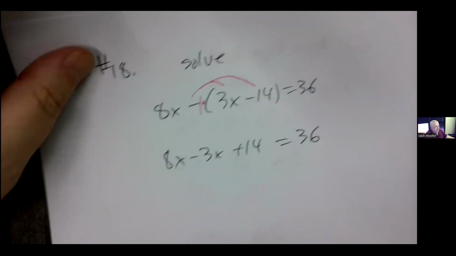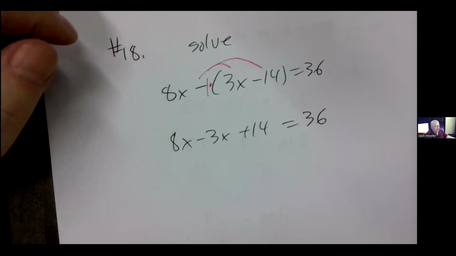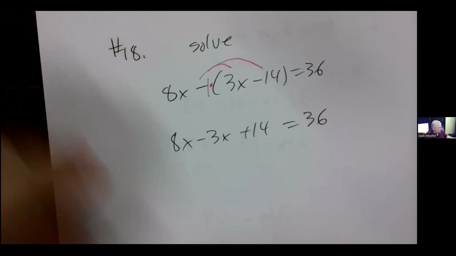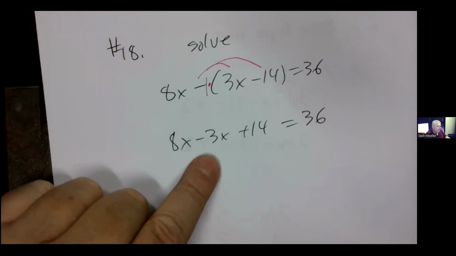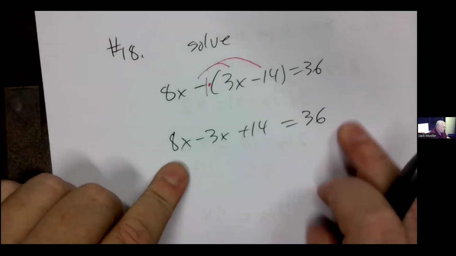Okay. Now we still have this 8x minus 3x on the left-hand side. So what do we do with that? Well, if your first instinct is to add 3x to both sides, you have to be careful, because the only time you do opposite operations is if you're moving it across the equal sign.